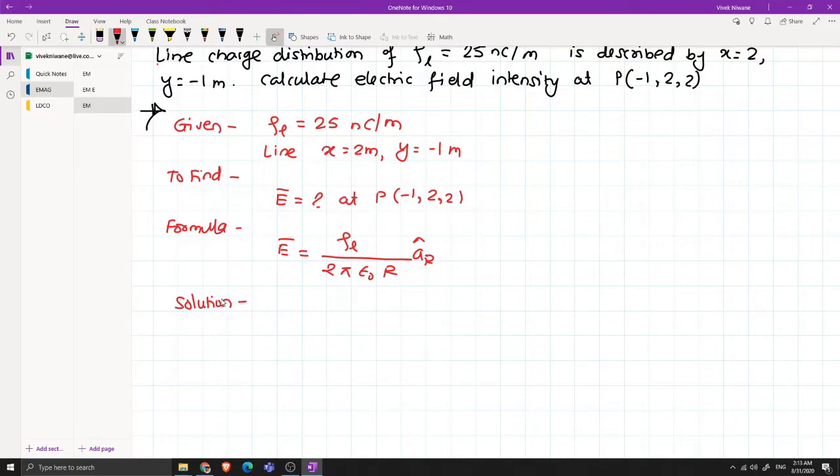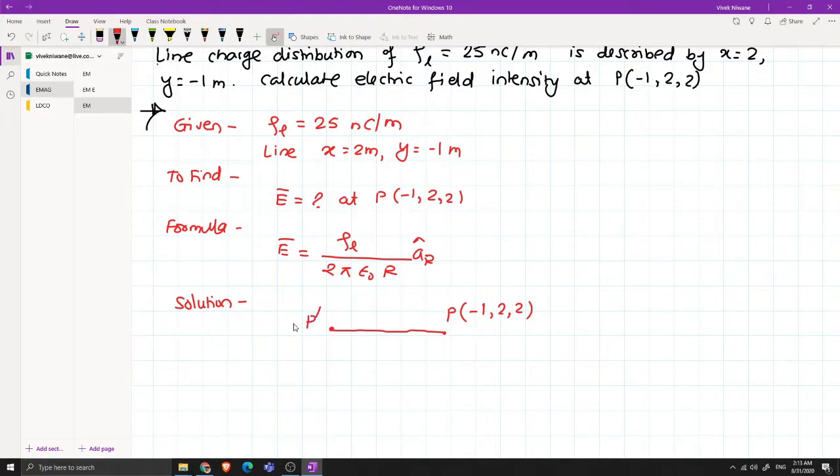I don't want to think about the geometry at all. What I know from the problem statement is that I have point P at (-1, 2, 2), and I am going to draw a perpendicular on the line charge, and that point will be called P dash.